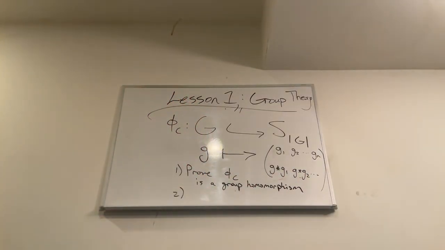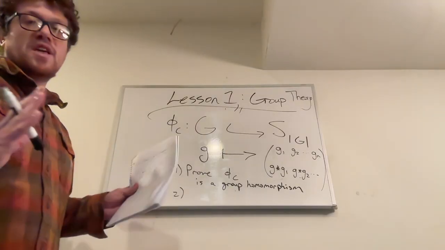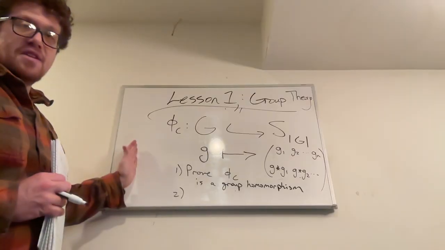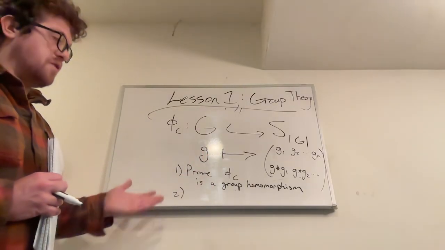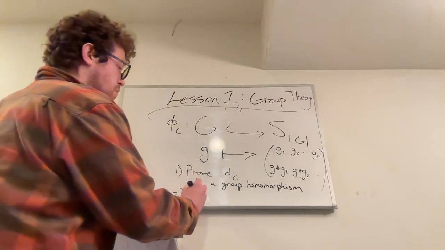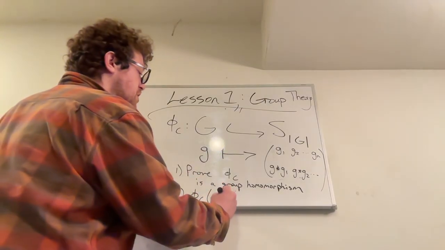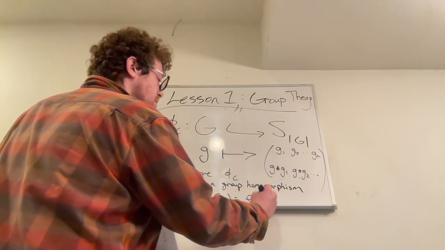And then the second thing you have to prove is that the identity gets sent to the identity. Actually, we didn't prove this, but you can show that for a group homomorphism, if the identity is the only element that gets mapped to the identity, then it's injective, and then you'll use that. So you'll prove that phi_G of e_G is equal to the identity in this symmetric group S_G.